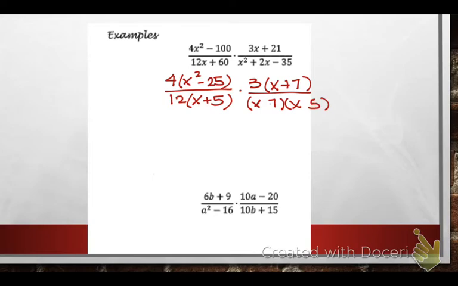Then when we add, we get 2, so that would be a positive 7 and a minus 5. Now this x squared minus 25 can factor more. So we can go ahead and break that down, because we want everything to be a linear factor.